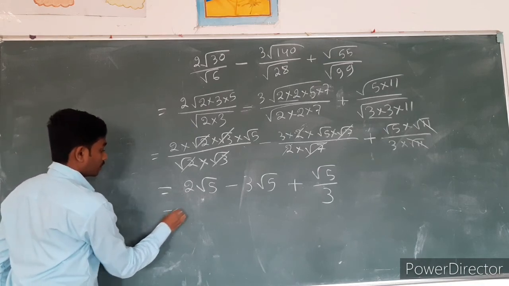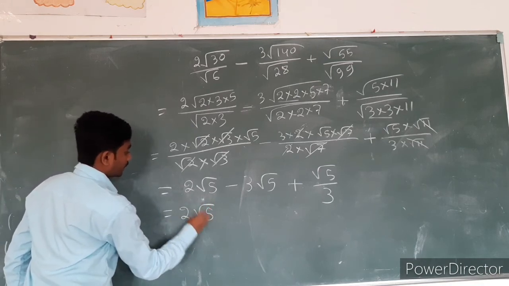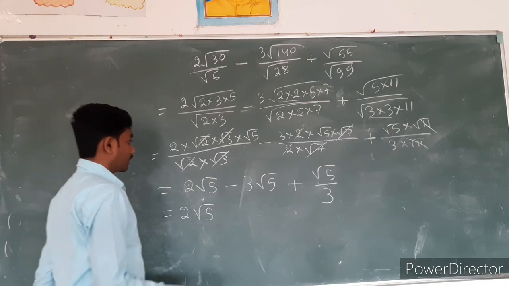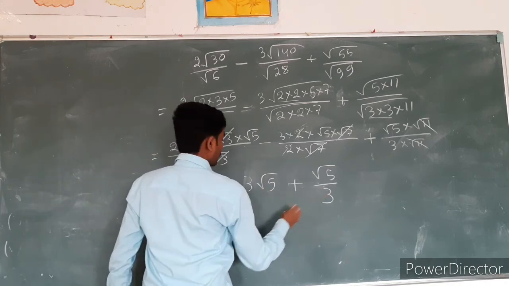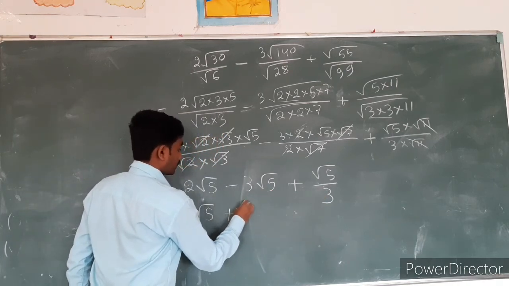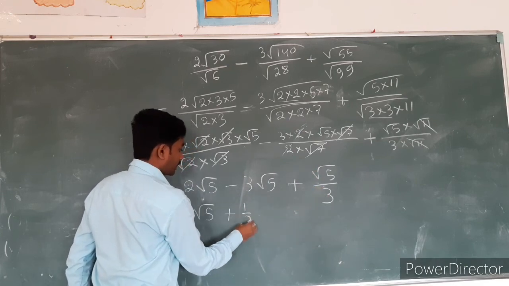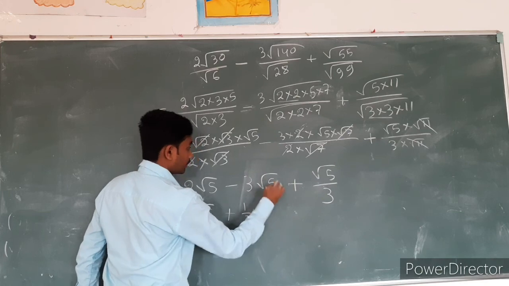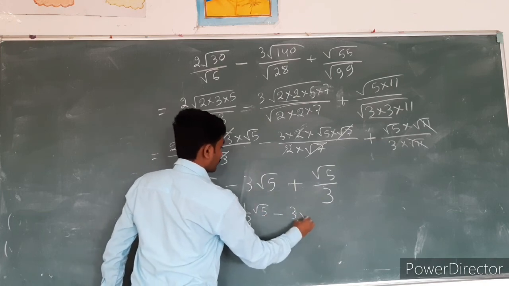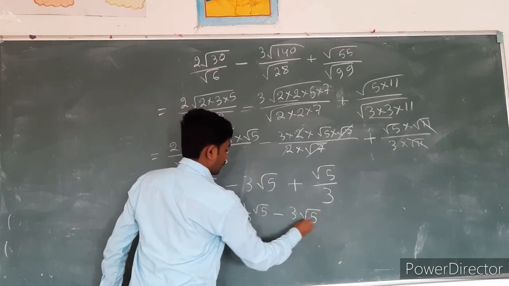So 2 root 5 plus root 5 by root 3 can be written as 1 by 3 root 5 minus 3 root 5.